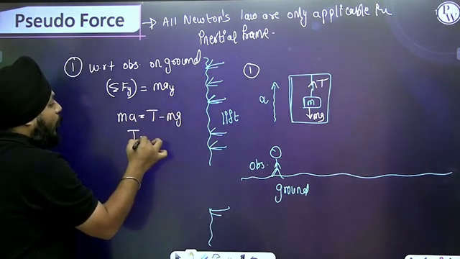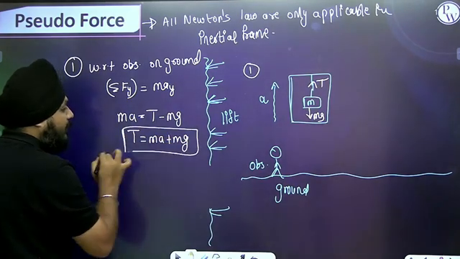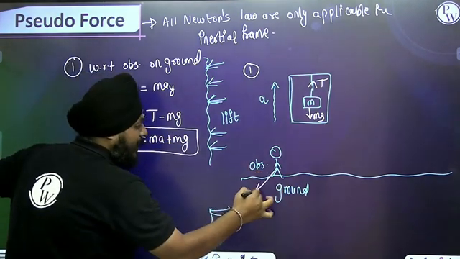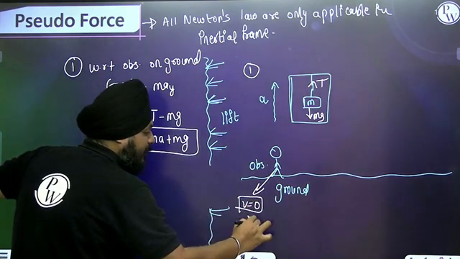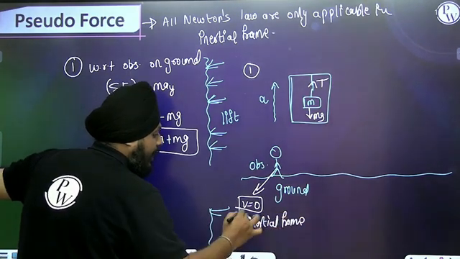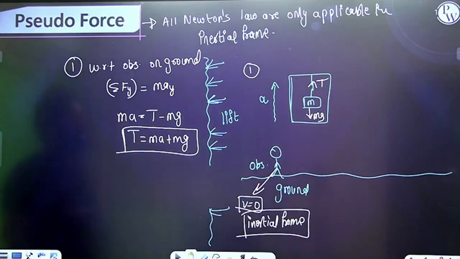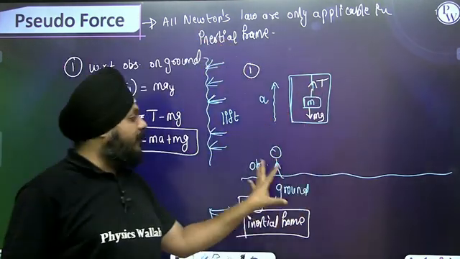So the value of the tension comes out as ma plus mg. This observer is on the ground, velocity is 0. For that, this observer is known as an inertial frame. Why? The frame velocity is 0. This is the actual truth the observer is seeing.